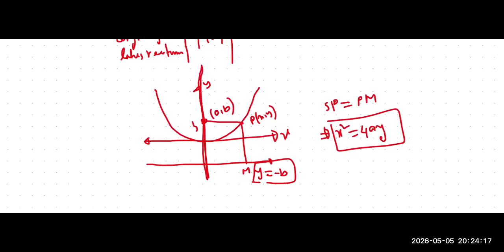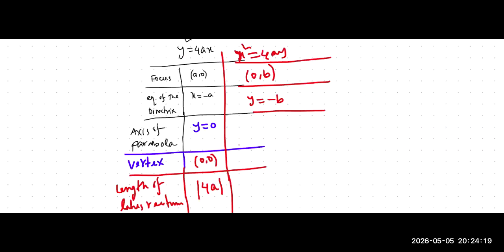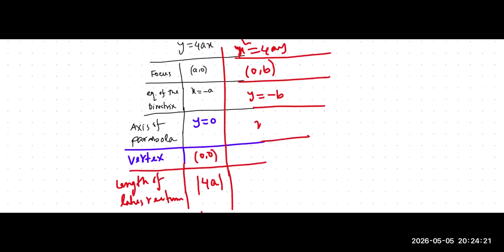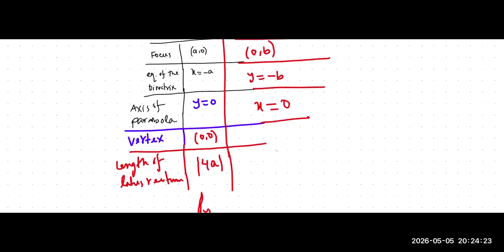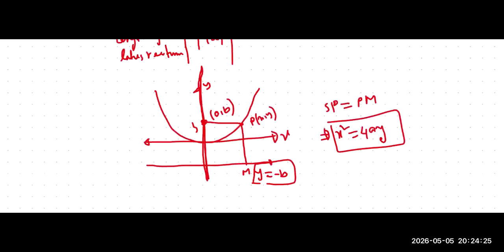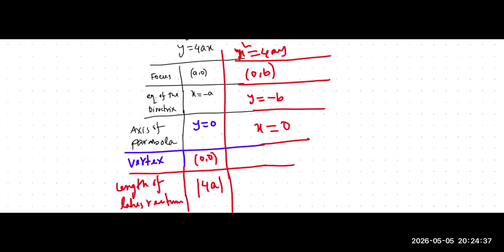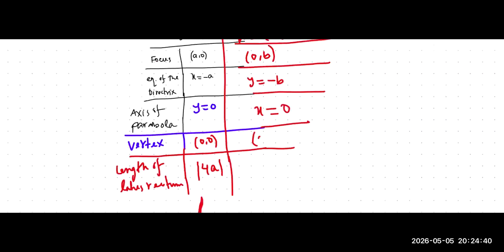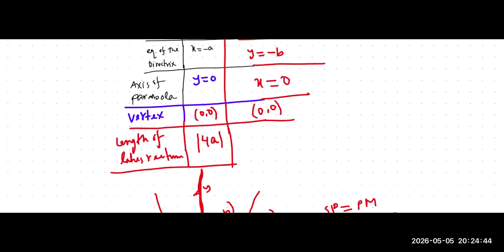And again, the vertex is (0, 0), because our axis of parabola passes through the point (0, 0), which is also a common point of our parabola x square is equal to 4ay. So that's why this point is the vertex. The vertex is the same for both standard parabolas.